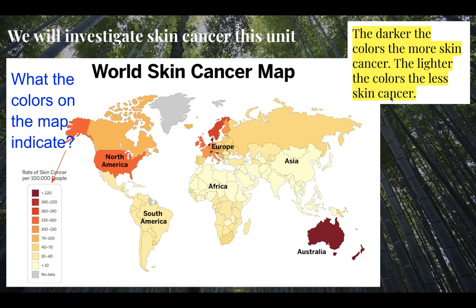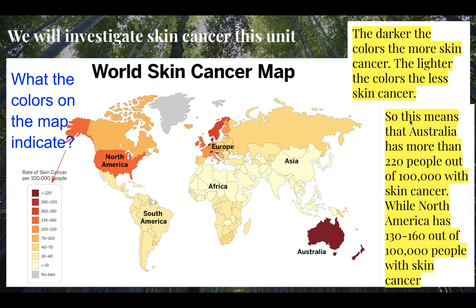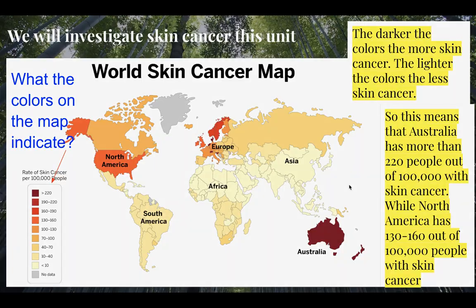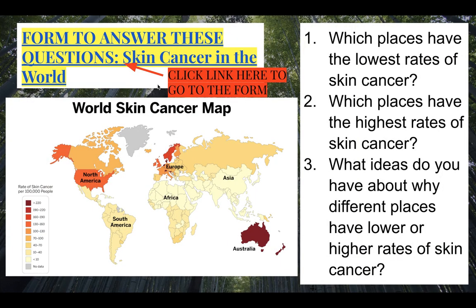The lighter the colors, the less skin cancer. And then these numbers right here mean that Australia has more than 220 people out of 100,000 with skin cancer, while North America, right over here, it's more around 130 to 160 out of 100,000 people who have or will be diagnosed with skin cancer.